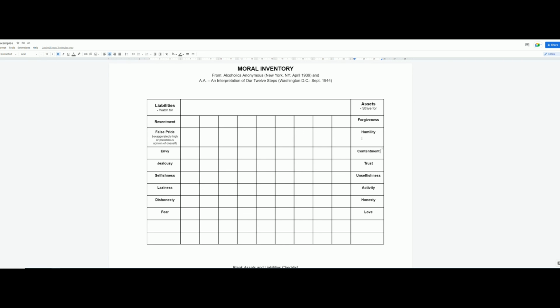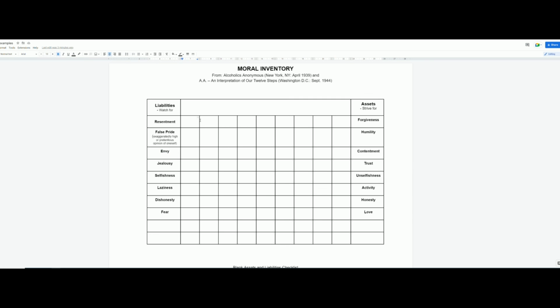Just a quick flick back before I finish on the moral inventory of the traditional style. The reason why we've got our assets on the right hand side, i.e. forgiveness, humility, is that they all offer an alternative to what the negative is doing to us.